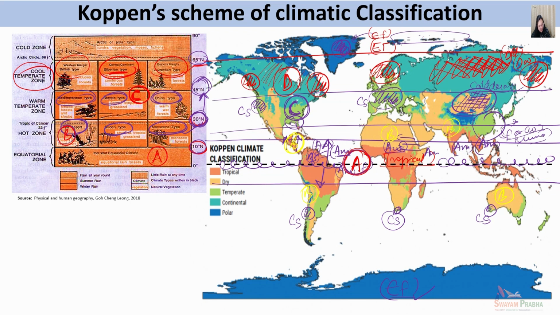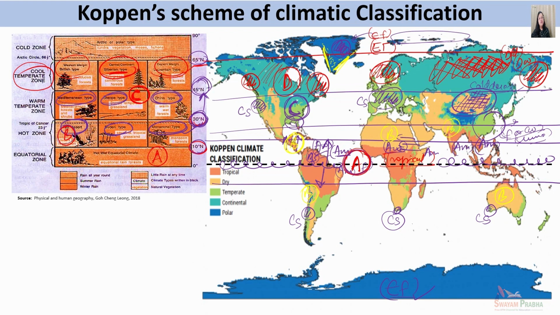While along the margins of EF type of climate, you will have certain time periods of the year where snow will melt. So it will be dominated by ET type of climate, and the entire region will be under the permafrost. So if you consider the vegetation, you will understand that A type of climate mostly has evergreen type of vegetation, and then as you transition towards the tropical areas, the amount of precipitation reduces.